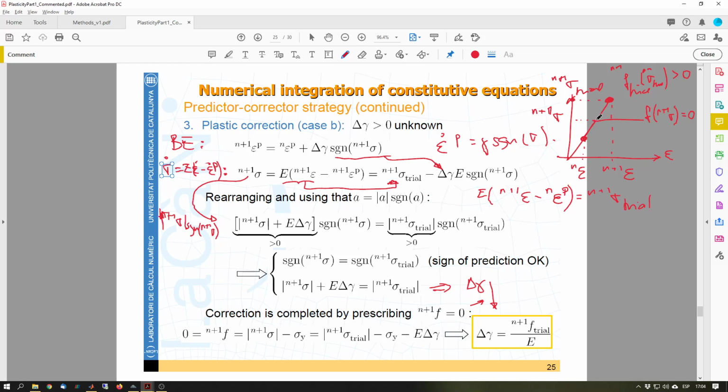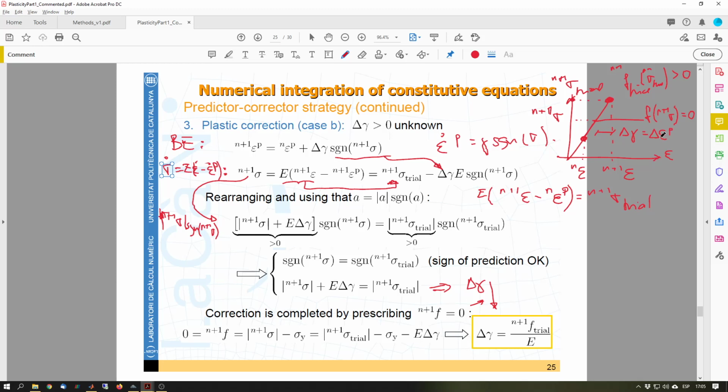So in fact it means that from here all this strain is elastic, and all this strain that we have here is going to be plastic. In other words, this branch here is going to be our delta gamma, which is going to be the increment that we have in our plastic strain as well.